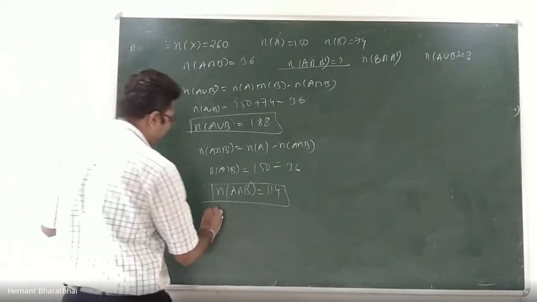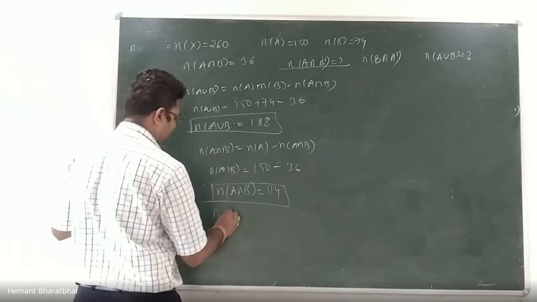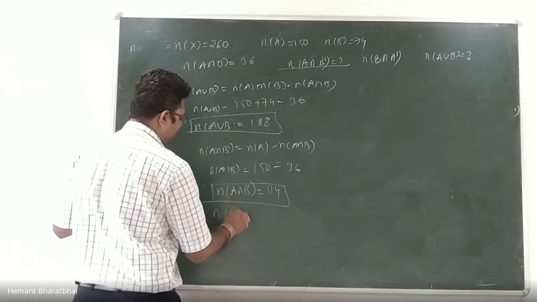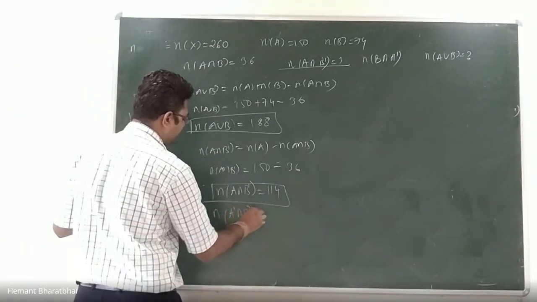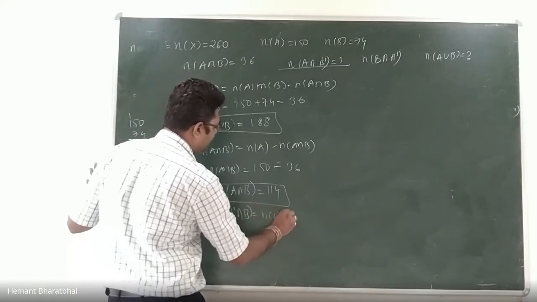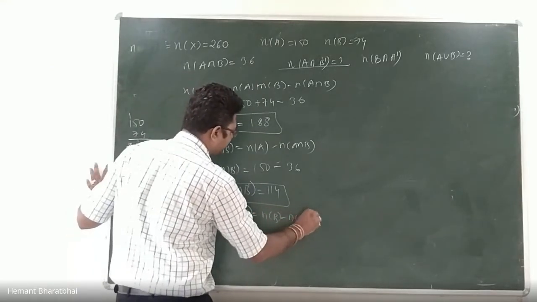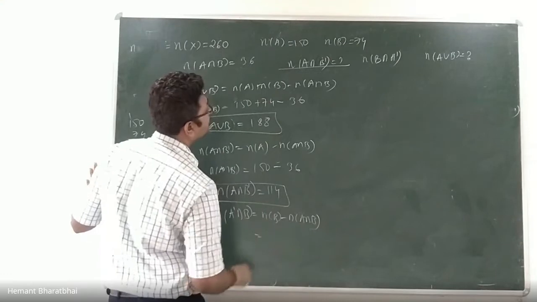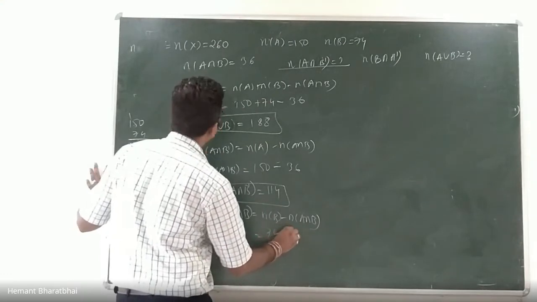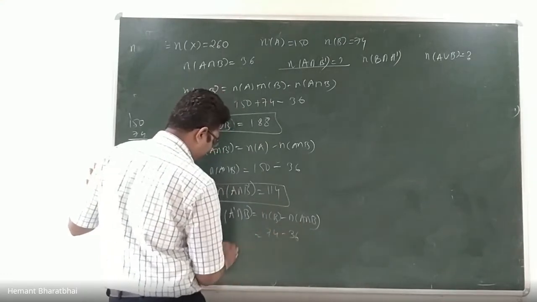Similarly, the number of elements in A complement intersection B can be written as n of B minus n of A intersection B. So that will be 74 minus 36.